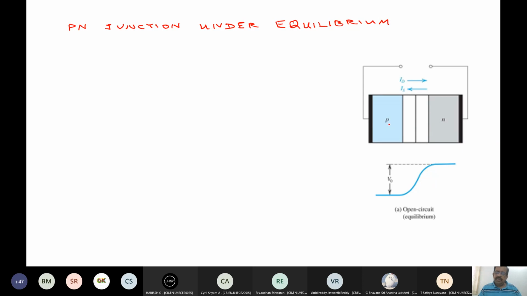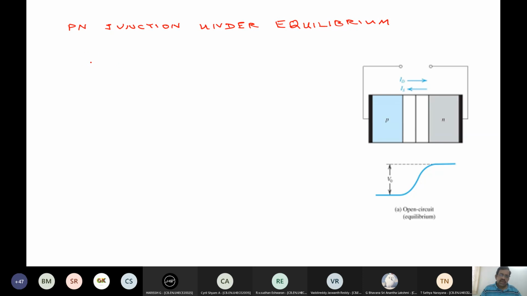For example, in p-type the minority carriers are the electrons, and in n-type the minority carriers are the holes. Because this induced field supports the drift of these minority carriers through the junction, it constitutes what is known as the drift current. So two currents.